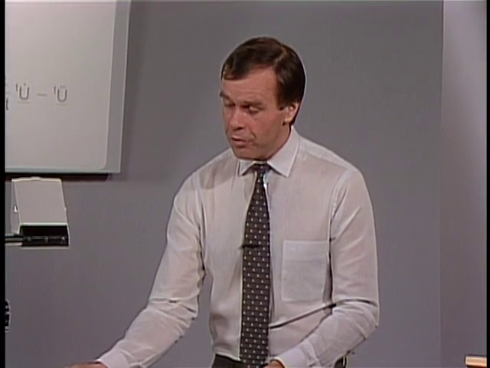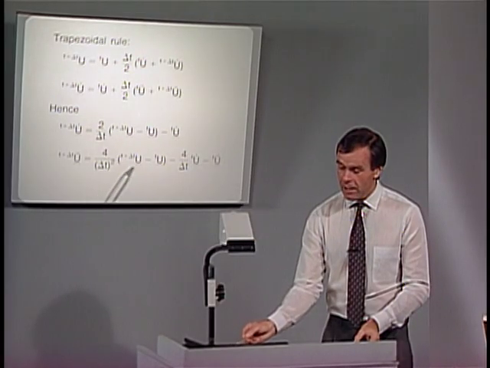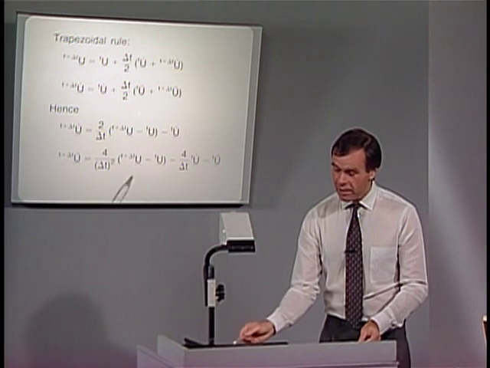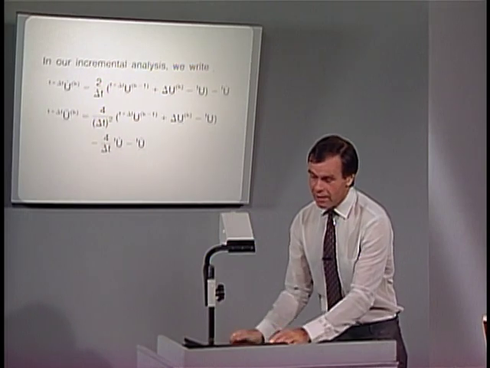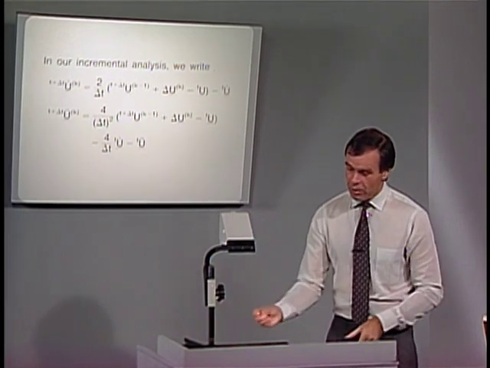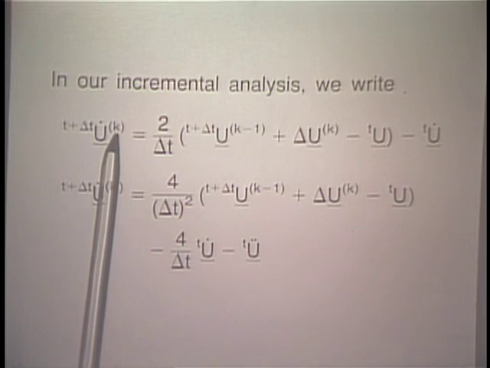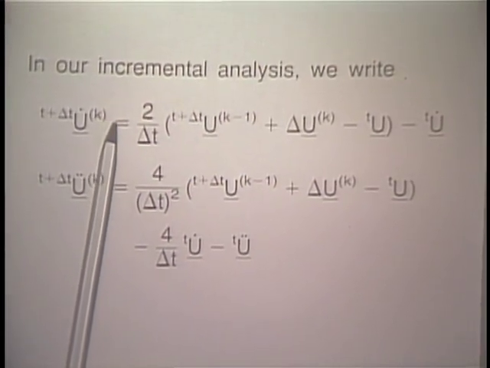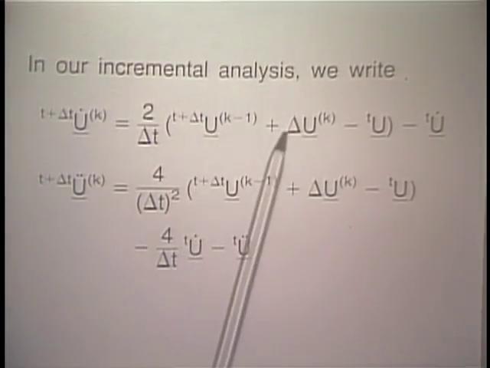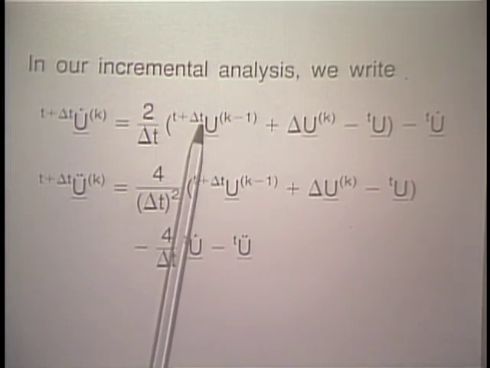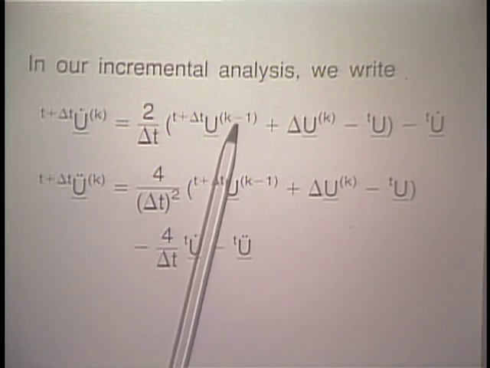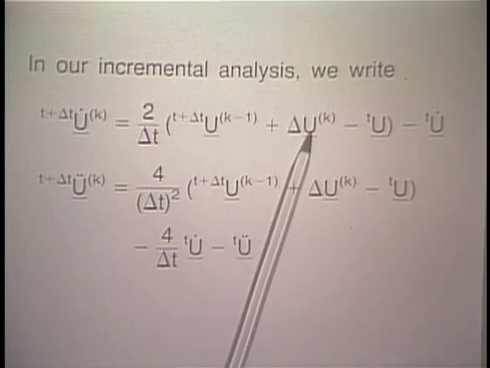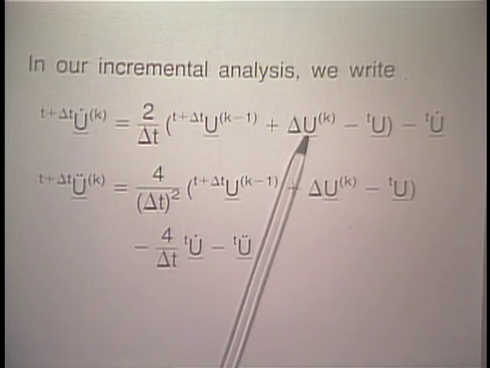In nonlinear analysis, we are iterating for this displacement here, and therefore we rewrite these equations a bit. And that rewriting is shown on this view graph. Notice that we now have a superscript k here corresponding to the iteration k, and that we have split the displacements at time t plus delta t into a value that we know corresponding to iteration k minus 1 and an increment that is unknown, delta u k.